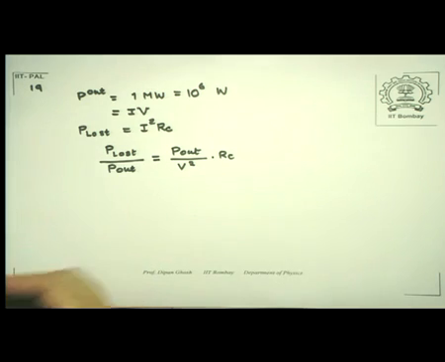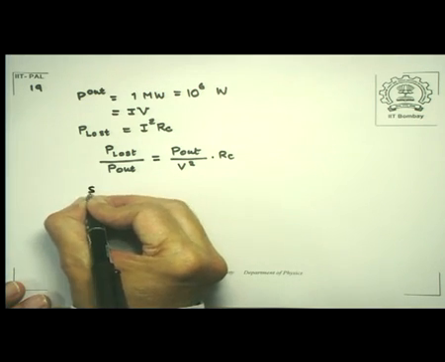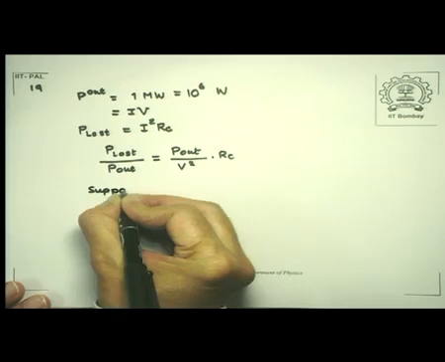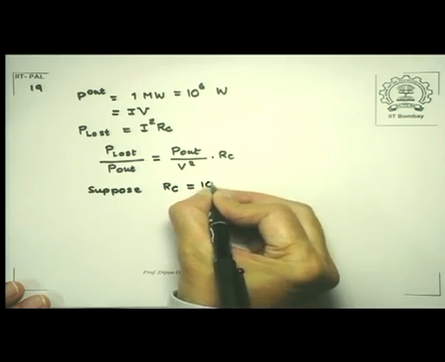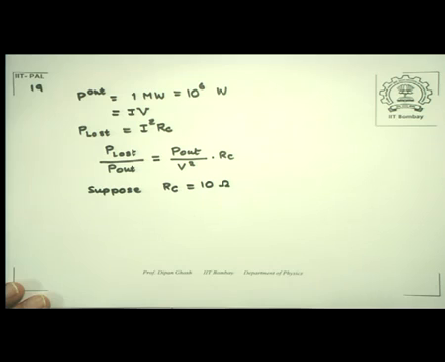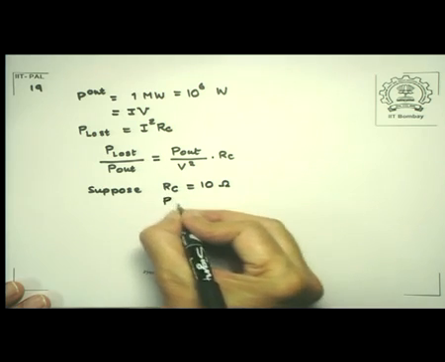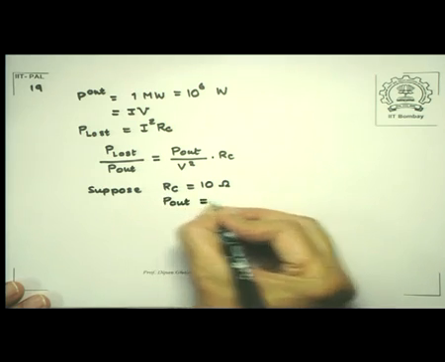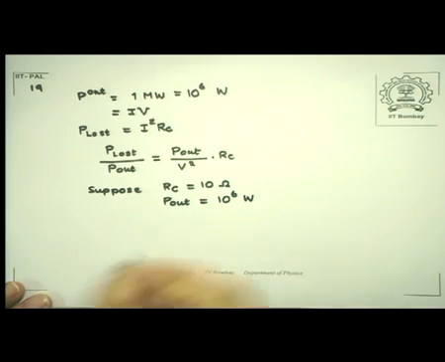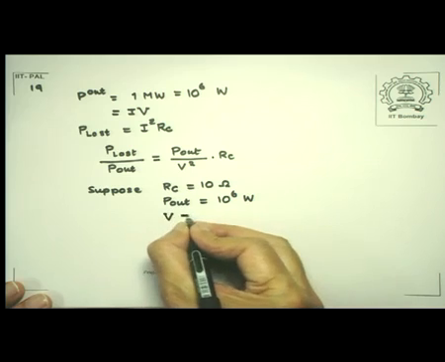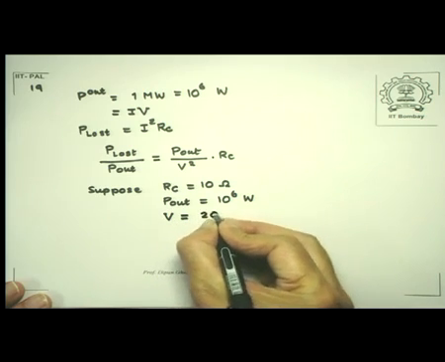Now let me take some numbers. Suppose my RC is taken to be small. Let me take it as some 10 ohms. And I have seen that my P out, the power output, was 10 to the power 6 watts. Suppose power is produced at 20 kV.